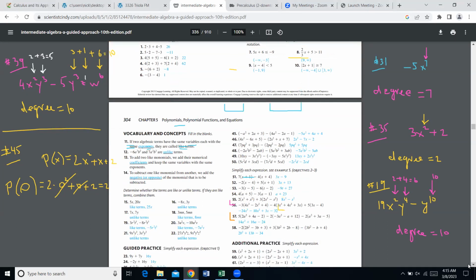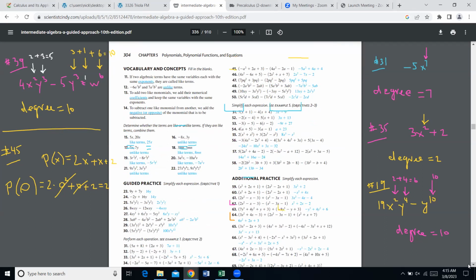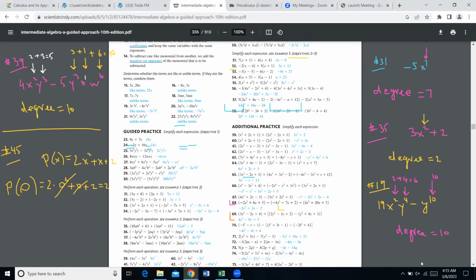Like in the next section, they say collect like terms. And in the practice exercises, I think these are nice sections because they have very nice and compact little exercises. I hope that things like in problem number 23 are pretty familiar.